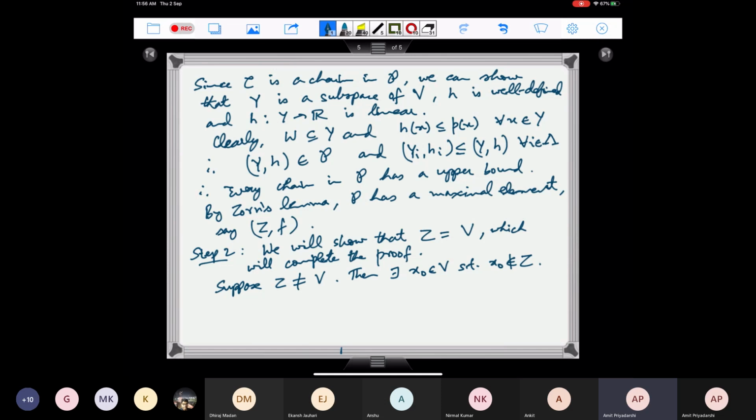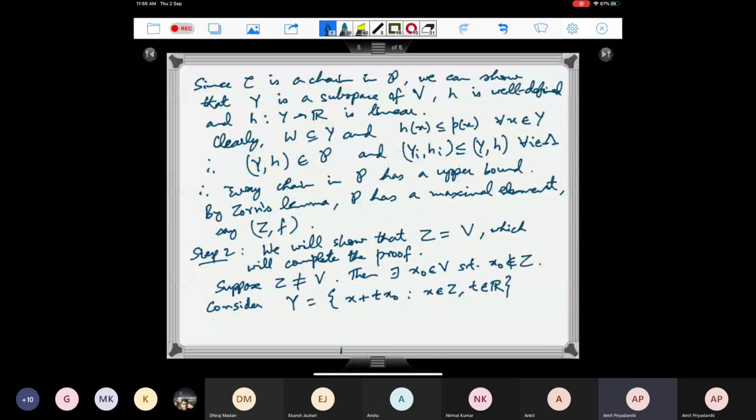So what is the subspace we will take? Consider capital Y equal to x plus t times x naught such that x belongs to Z and t is a real number. So basically we are taking the subspace spanned by Z and x naught.